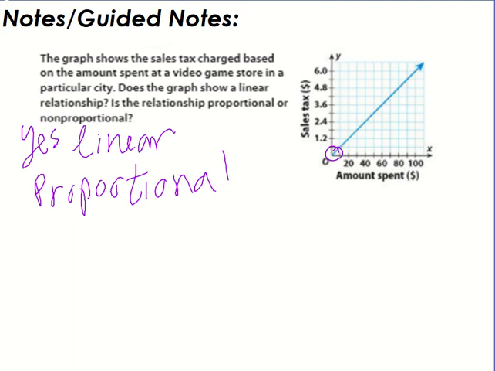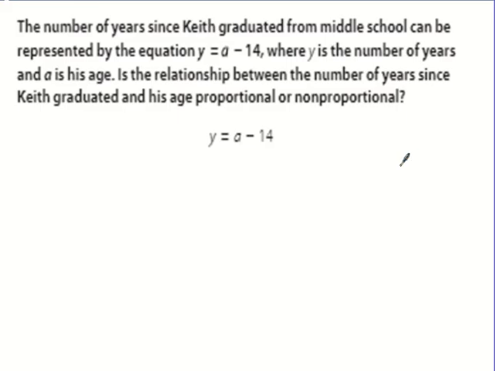That was pretty easy, huh? So the number of years since Keith graduated from middle school can be represented by the equation y equals a take away 14, where y is the number of years and a is his age. Is the relationship between the number of years since Keith graduated and his age proportional or non-proportional?